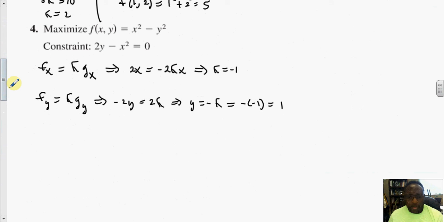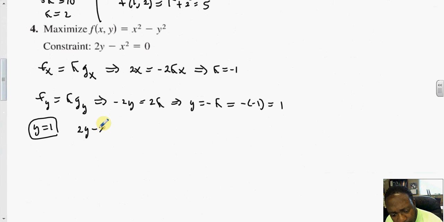Well, if y is equal to 1, can we solve for x? Well, yes. The constraint equation is 2y minus x squared equal to 0. Well, if you know that y is equal to 1, that gives us 2 minus x squared is equal to 0.